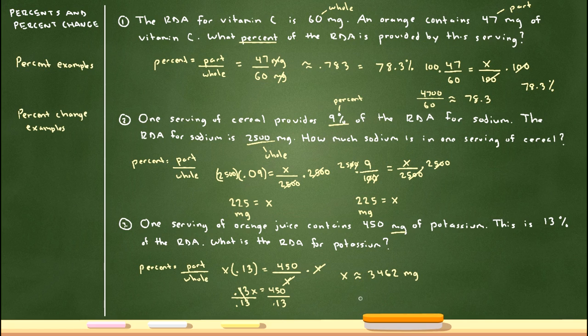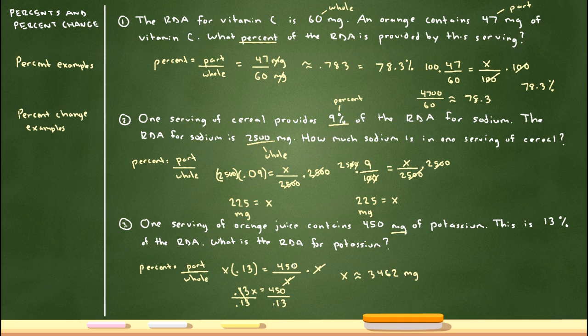And that's what we would expect, right? If 450 is only 13%, then what's the whole going to be? Well, it's approximately 7 to 8 times more, close to 8 times this amount here, which it is. And you may want to go back and check your answer.